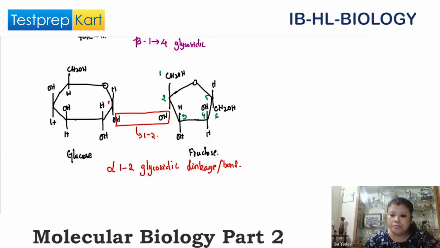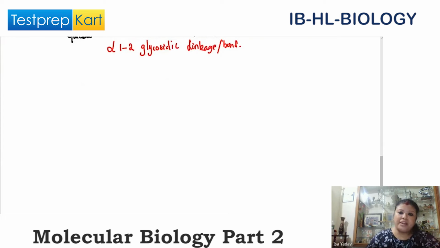Now, next, let us see here. One minute. Let us try to understand this. Since you are well aware of the glycosidic linkage in carbohydrates, let us throw some light on the polypeptide linkage, or the peptide bond.